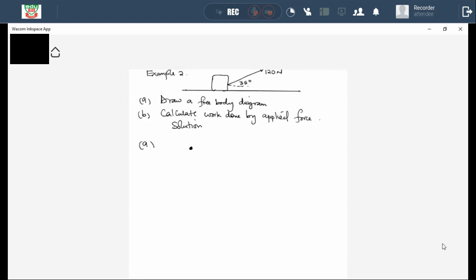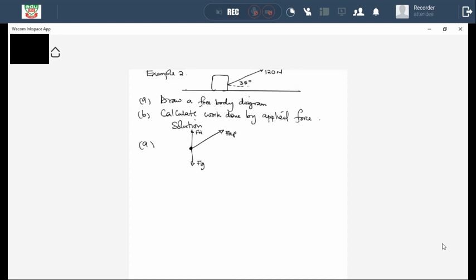We have our force applied at an angle, then FG, then FN. These are the forces that are acting on the object, right? As science students, when they request you to draw the free body diagram, that is exactly what we must reproduce.